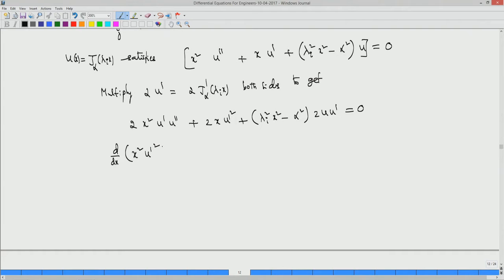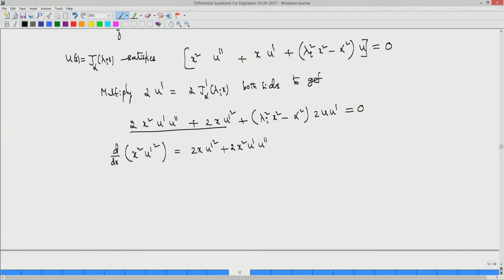The derivative is 2 x u dash square plus x square times 2 u dash u double dash. So you can see that these two parts together can be written as a derivative.